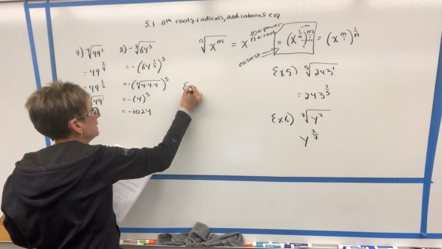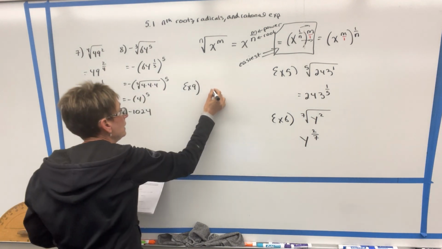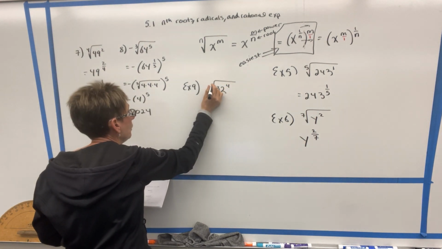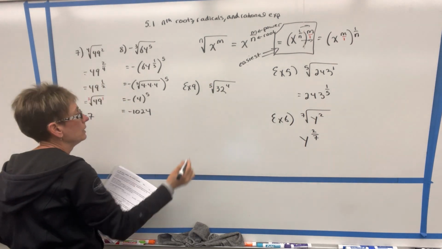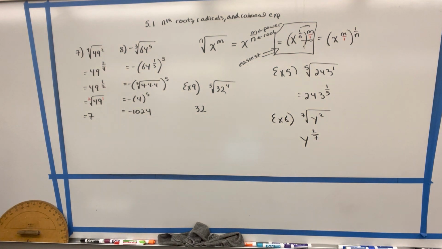All right, let's do example 9, and then we'll go on to a little bit of a new kind of problem. Let's take 32 to the power of 4, all taken to the 5th root. Can you take a moment and see if you can write that in fraction form? How would you write that in fraction form?